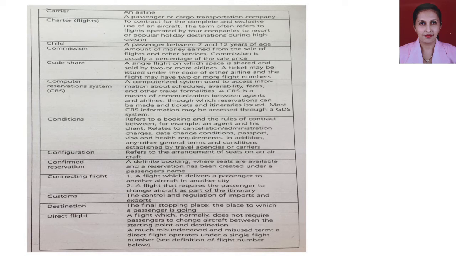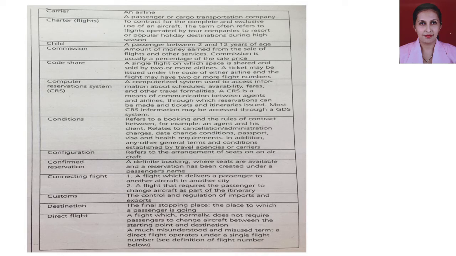Destination: the final stopping place, the place to which a passenger is going. Like destination means what? If I'm traveling from Mumbai to Dubai, my origin is Mumbai, okay, and my destination is Dubai, means I'm reaching that place. Okay, so let's repeat again. The final stopping place, where I'm finally landing, is the destination. Now this is one example, Mumbai, Dubai. Now in the earlier example, Mumbai, Dubai, London.